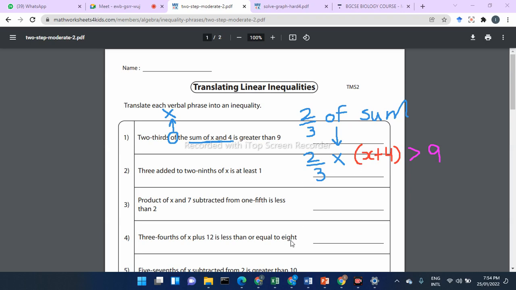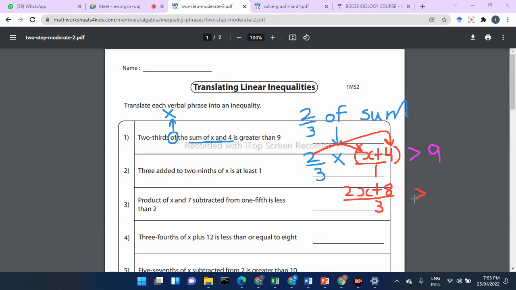Now, we could simplify this further. So it's going to be the 2 multiplied by the x. That's going to be 2x. The 2 multiplied by the 4, that's going to be 8. And the 3 multiplied by the 1 here, that's going to be 3.